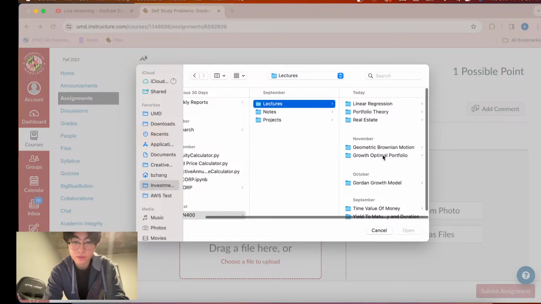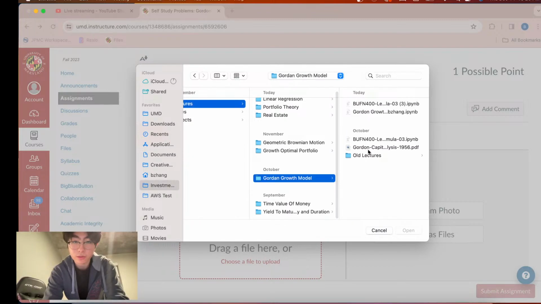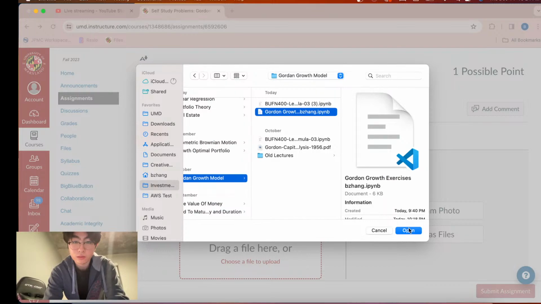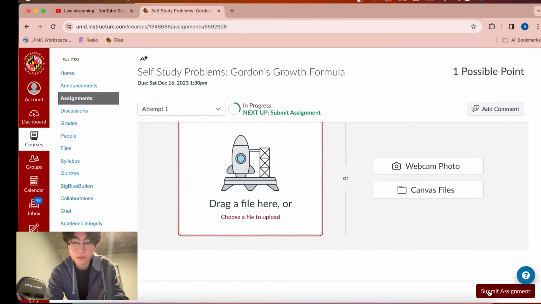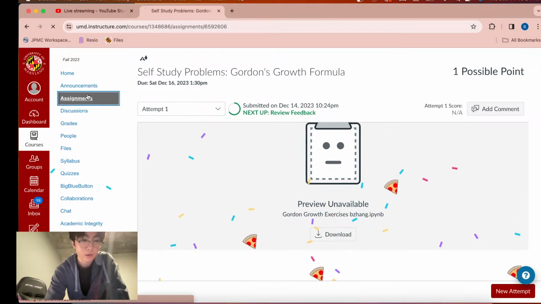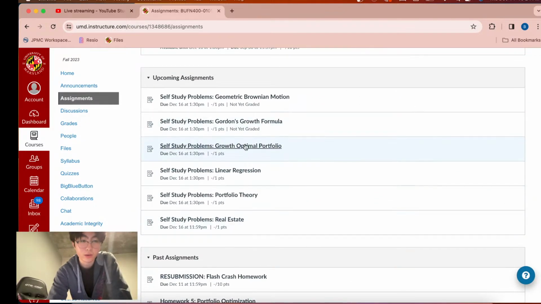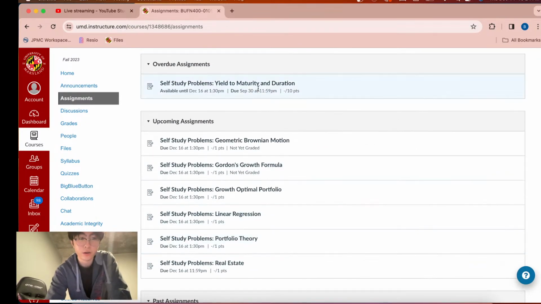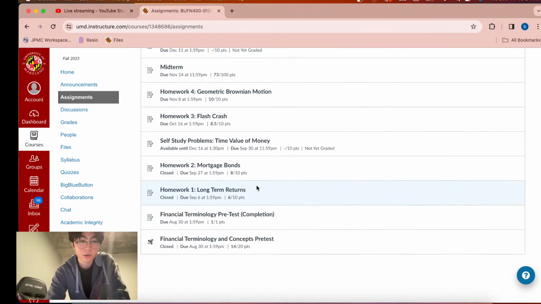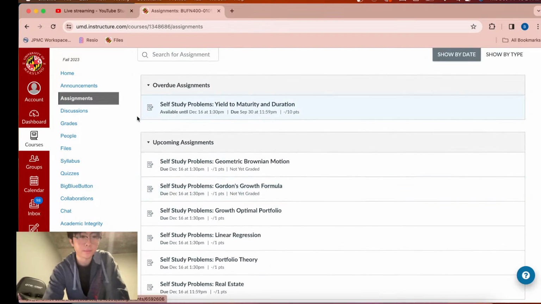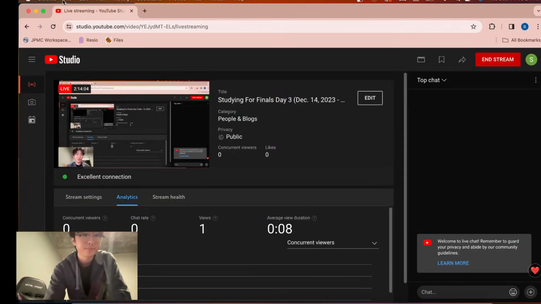Lectures, and then this one should be Gordon growth model. Okay. Alright, so we got that. We have 1, 2, 3, 4, 5, 6 more to go. Alright. That's good for now.